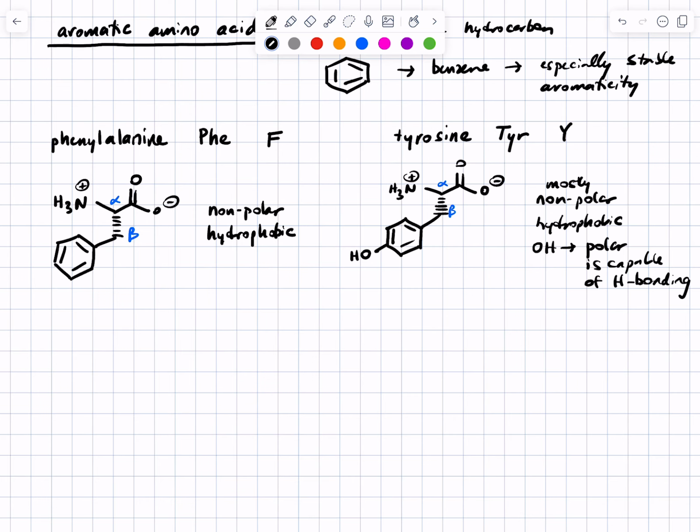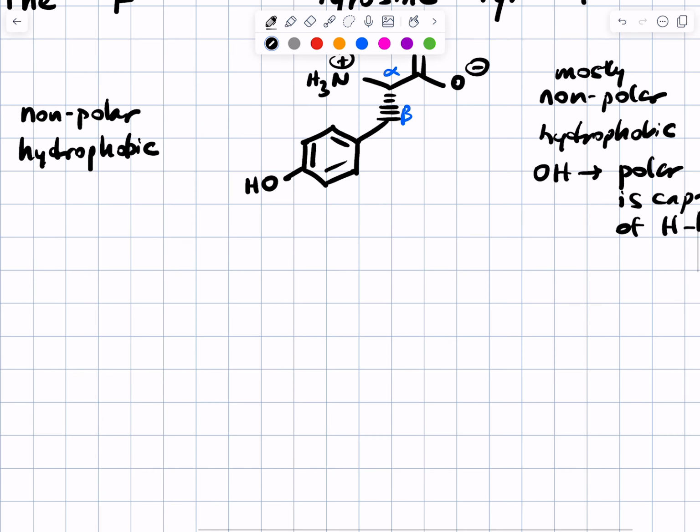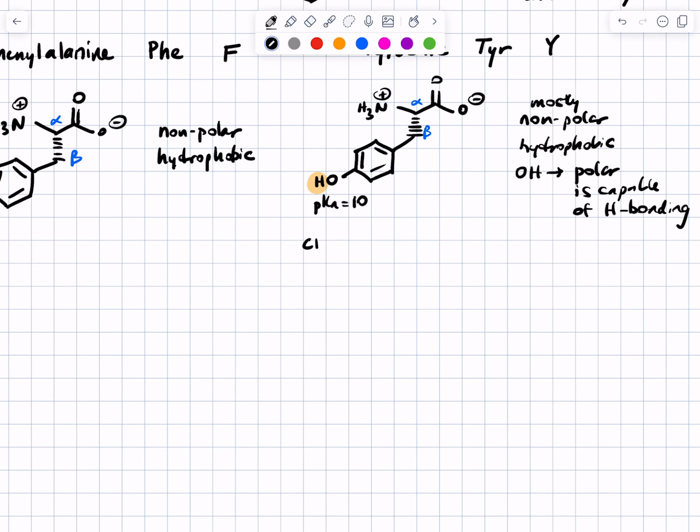And the other interesting thing is this OH group can be deprotonated. The proton on this OH group has a pKa of 10. That's lower than expected for an alcohol. And the reason is the conjugate base, which I'm just going to draw the side chain portion, the alkoxide, is stabilized by resonance.